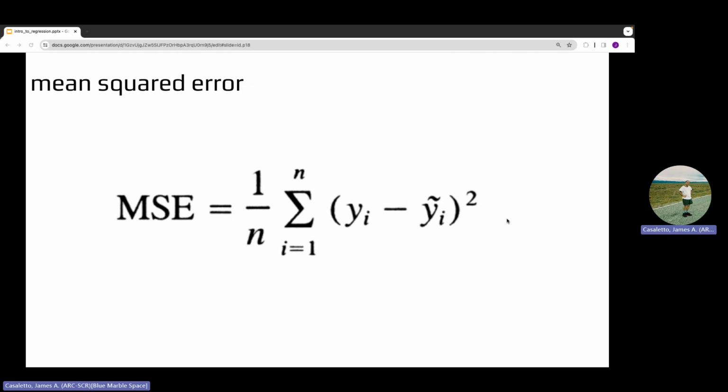Mean squared error is another metric for measuring the performance of regression, and it's exactly what it sounds like. It's the average or mean of the squares of the differences between the actual values y i and the model predicted values y hat, or in this case, it looks like a tilde. Again, the Greek letter sigma denotes the sum, and 1 over n again denotes the fact that we're finding the mean or average.